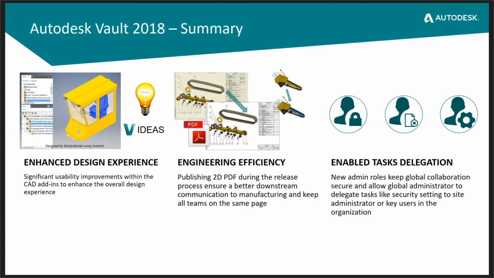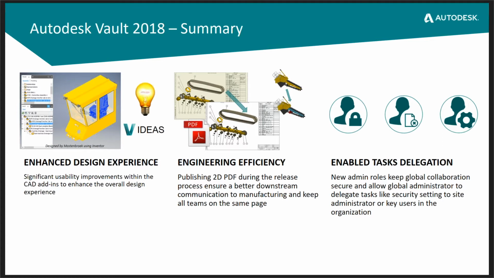The ability to connect engineering data and keep teams on the same page, an enhanced design experience, as well as task delegation. What that means is they've added 3 new admin roles to Vault, so that you don't necessarily have to give people full admin to be able to do things like explicit deletes of files, or even some of the security aspects of Vault as well.